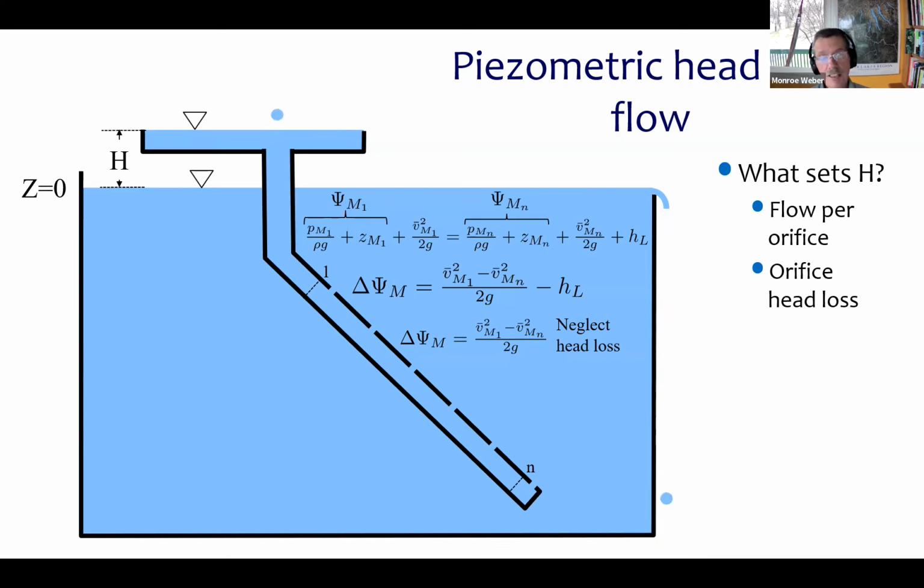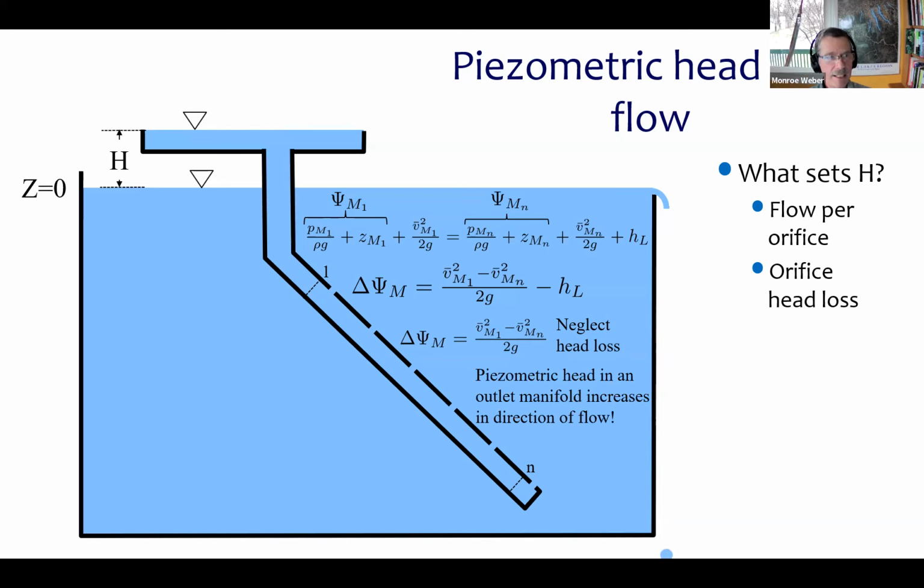And I can just about guarantee that if I had given you a question on that one, you would have said that the first port gets the most flow because that's the shortest path. But for the case where the major losses in the manifold pipe are insignificant, it's the last port that gets the highest flow rate.